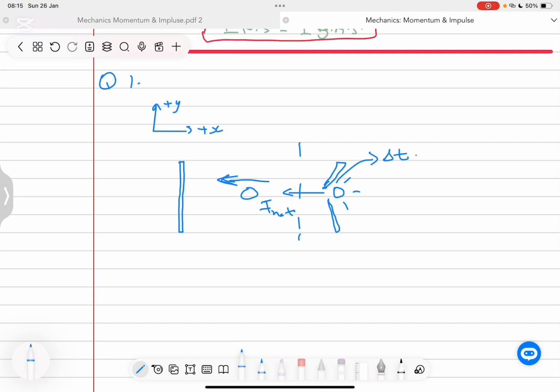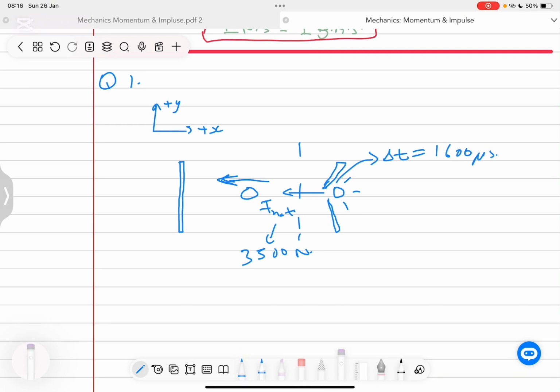There will be a time that it takes for the ball to be in contact as it's exerting a force on the glass over some period of time. Our force is 3,500 newtons, and our time is 1,600 microseconds.